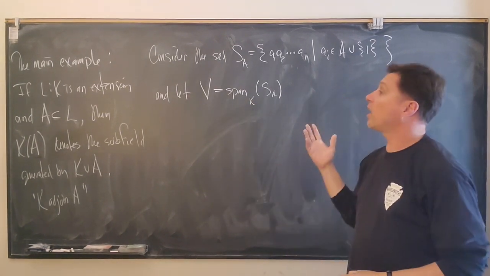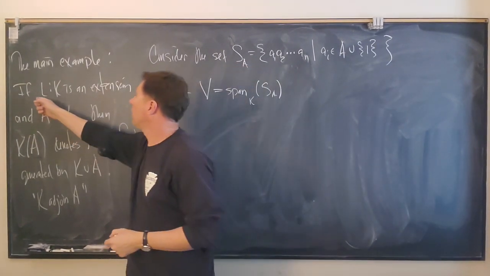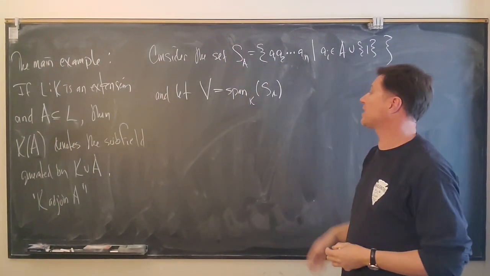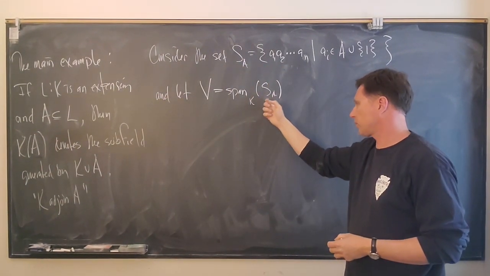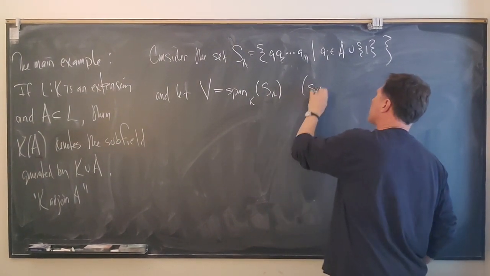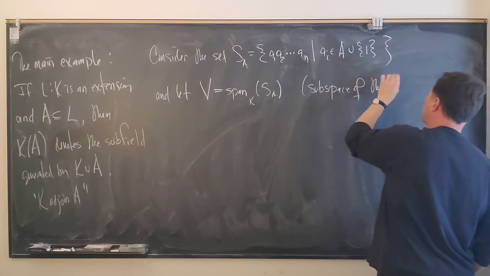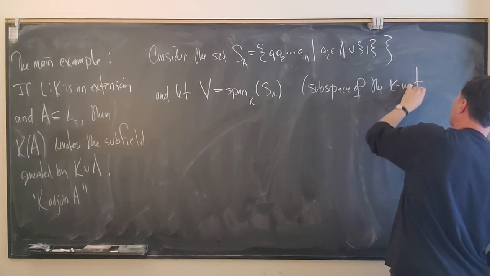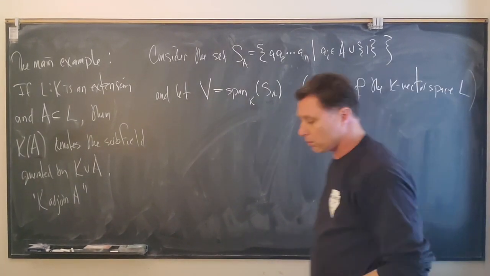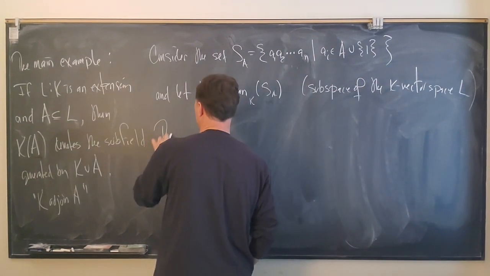So we're thinking of L as a vector space over K. So the scalars that we use when we create the span are the scalars K. So this is a subspace of the K vector space capital L.